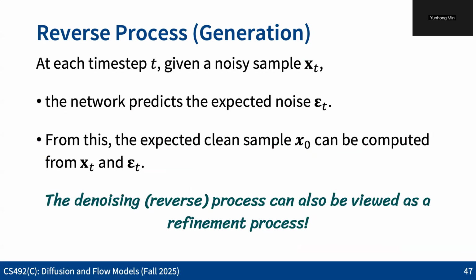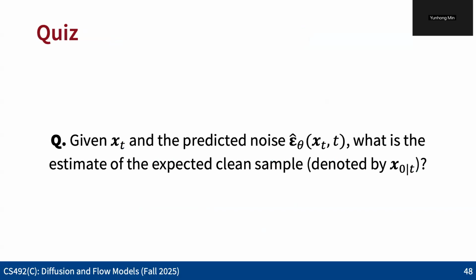As I said, since we can also compute the expected value of x0 from the prediction of epsilon t and xt, we can see the whole process as a kind of refinement process. That's the key idea. Here's one more quiz: given xt and the predicted noise, what would be the estimate of the expected clean sample?